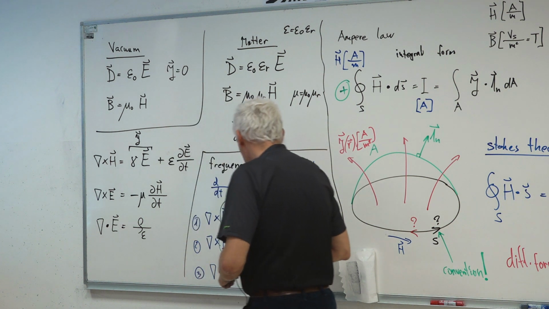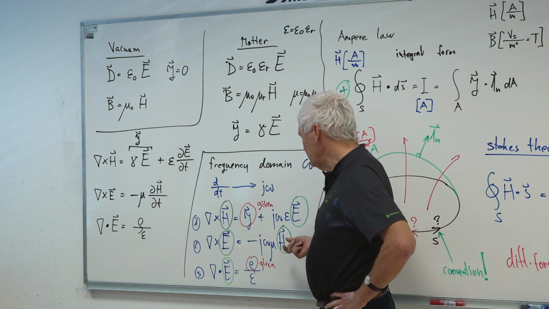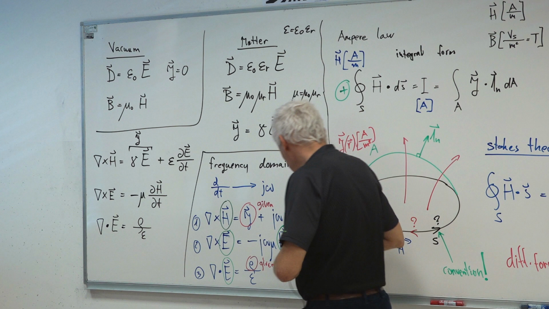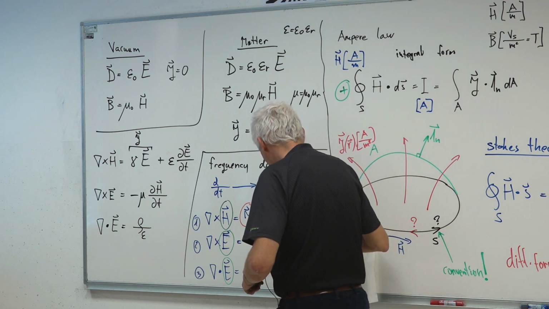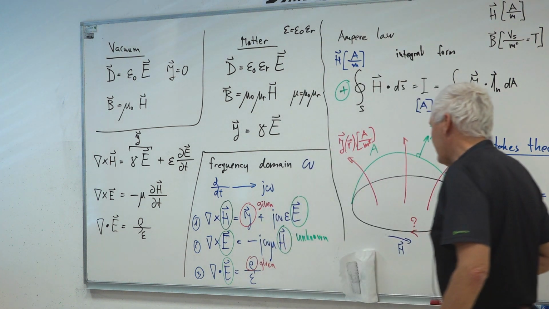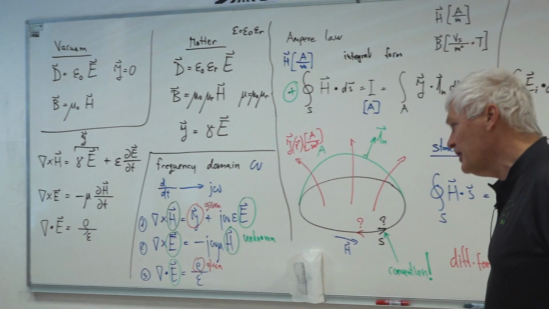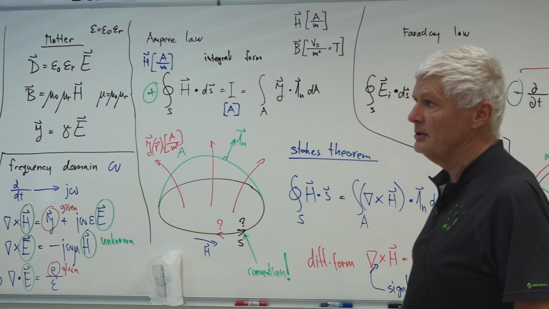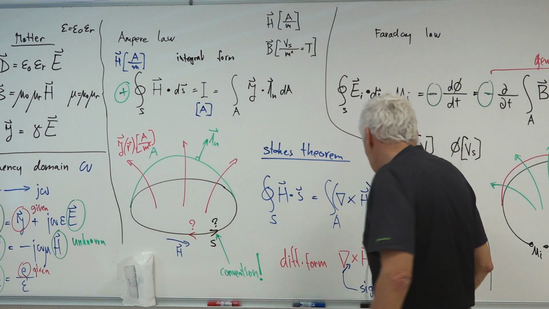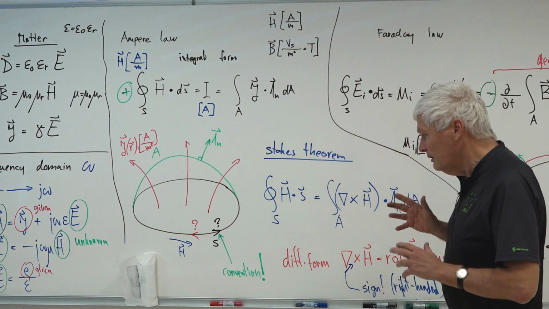We have three equations to find out two vector fields. And that's our basic problem. We know where we have currents, we know where we have charges. Now we want to find what is the field generated by these currents, by these charges. And this is the simplest problem we can think of with antennas. We have more difficult problems also with antennas. But this is a simple thing we have to find out next hour.